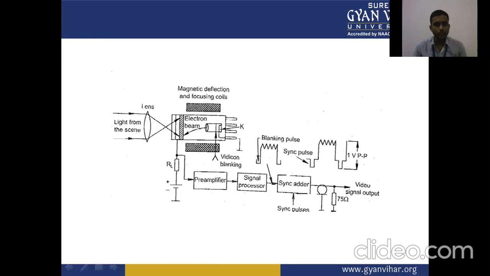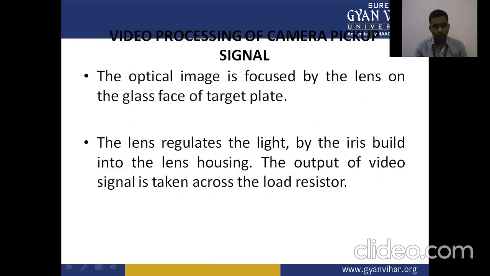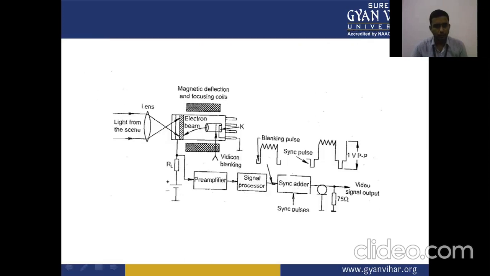The light from the scene is focused by the lens, which produces the light signal that is passed to the glass plate or target plate, and the cathode gun produces the electron beam.